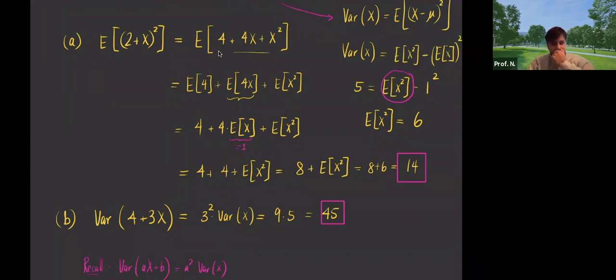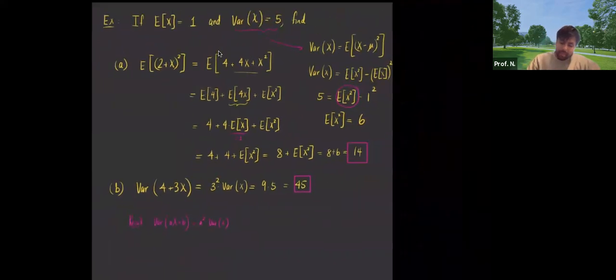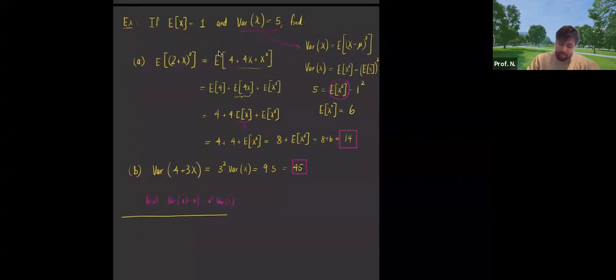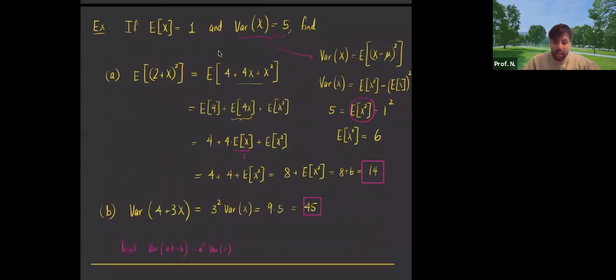Does that make sense? Do you see that? Okay. So those are little exercises about getting more understanding and intuition with what variance is and what expected value is, and how to compute the expected value of different random variables, which are based upon the random variable that they give you.